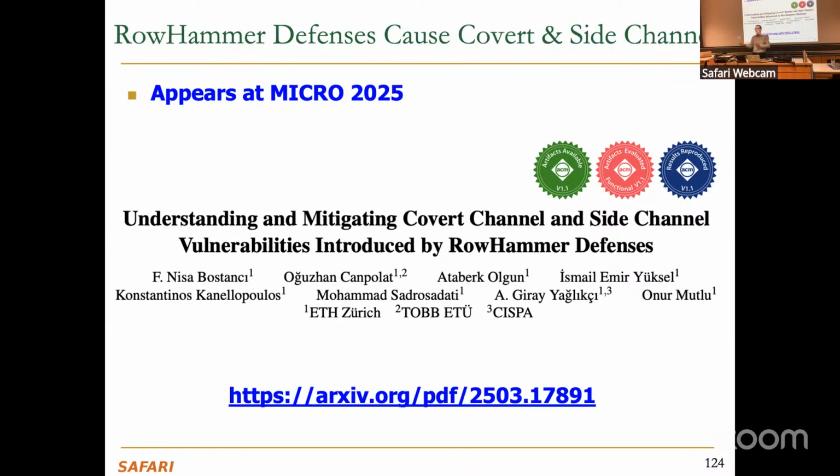If you think about the Half-Double work, that showed that your defense may become an attack because they discovered a new phenomenon in DRAM chips. In this case, Nisa showed that the mitigation mechanisms that you introduce cause essentially these refreshes, and they can actually be used as side channels and covert channels to communicate information about a malicious attack.